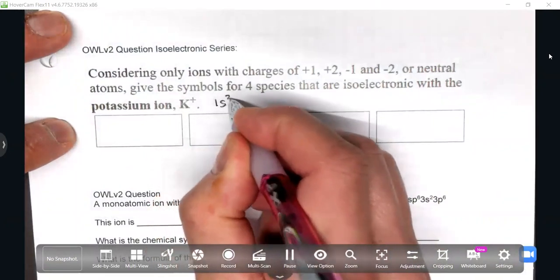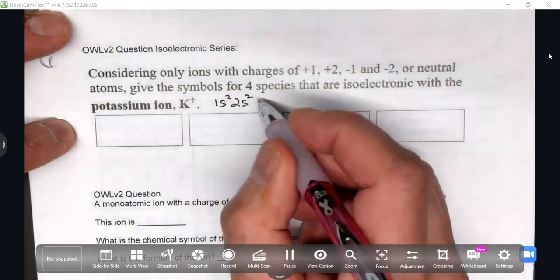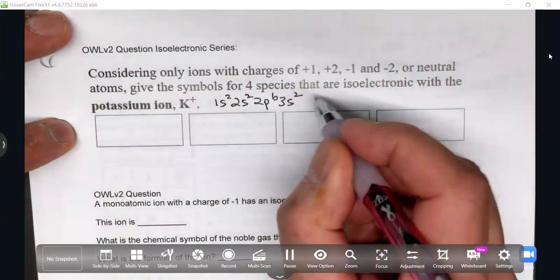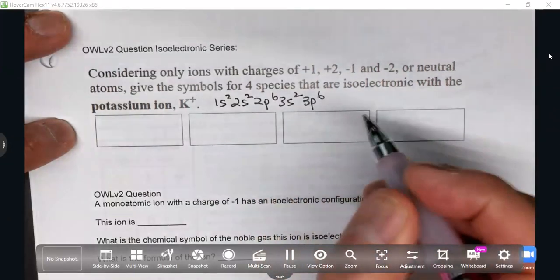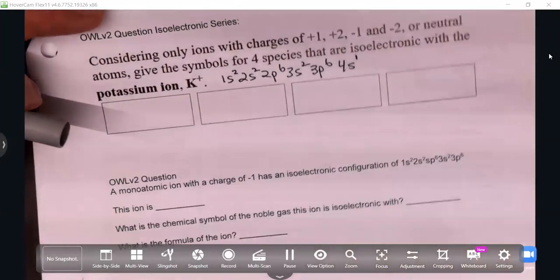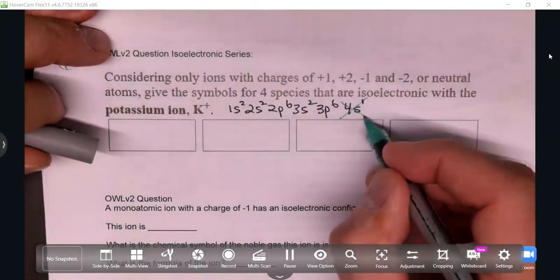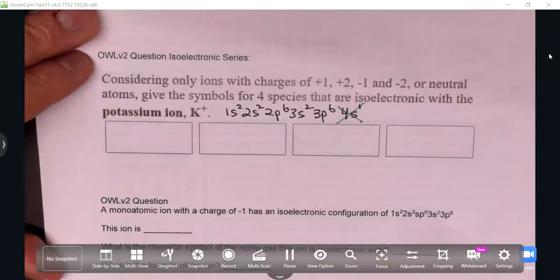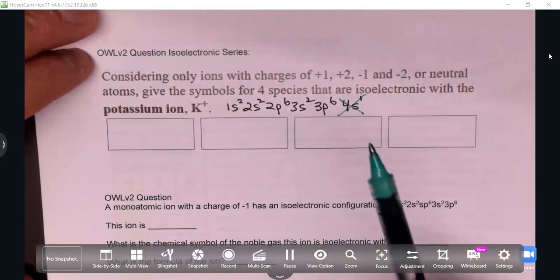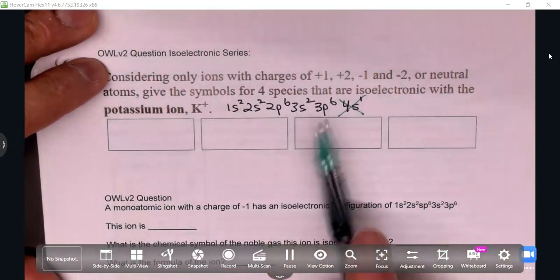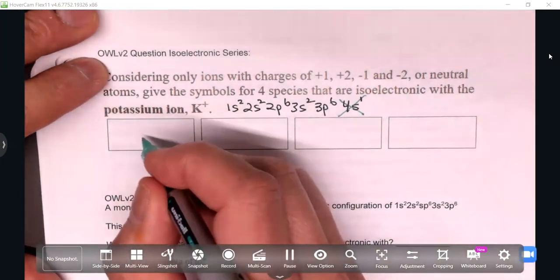It's going to be 1s2, 2s2, 2p6, 3s2, 3p6, and 4s1 is gone. So we need 4 that would have the same electron configuration notation. The neutral one is argon.